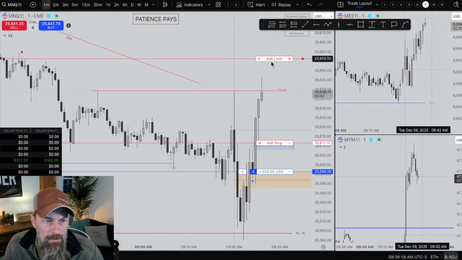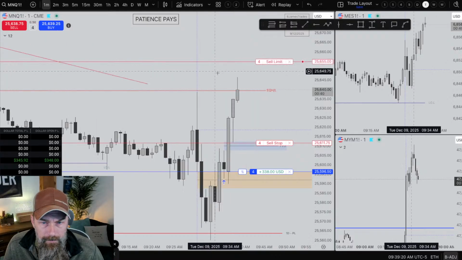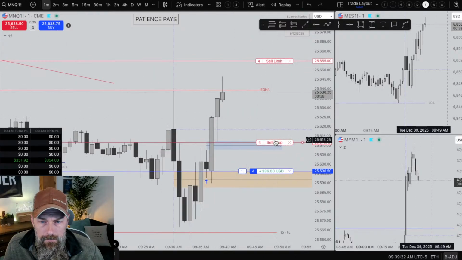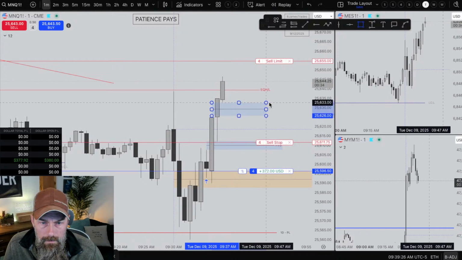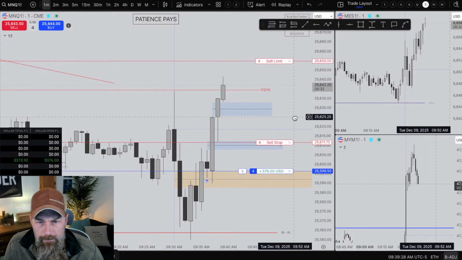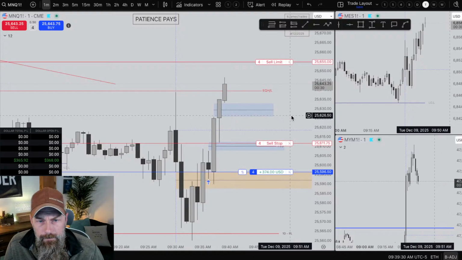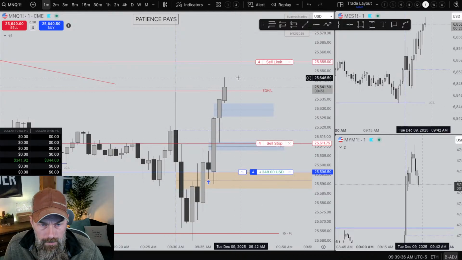You know, I'm not gonna be greedy. That's good for me. Let's see if another gap forms. We got some nice push. Don't slow down now, NQ.